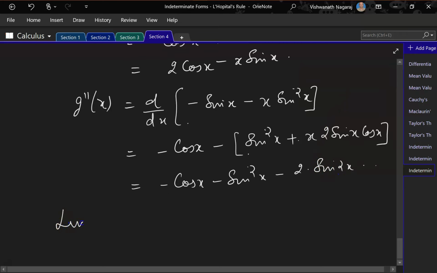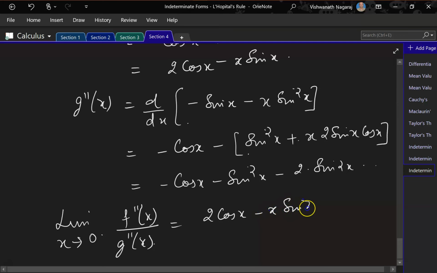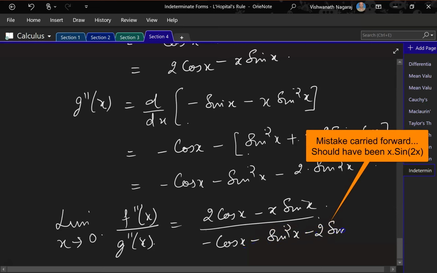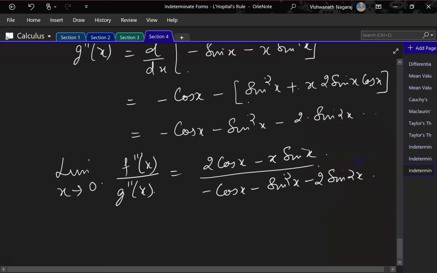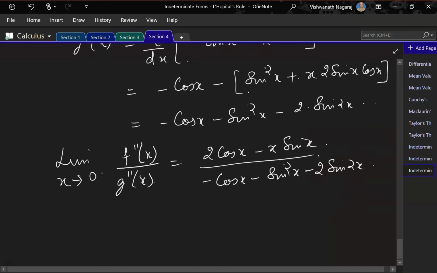And now let's take the limit as x approaches 0 of f double prime of x by g double prime of x. So 2 cos x minus x sin x by minus cos x minus sin square x minus 2 sin 2x. Now if we take the limit, what happens?